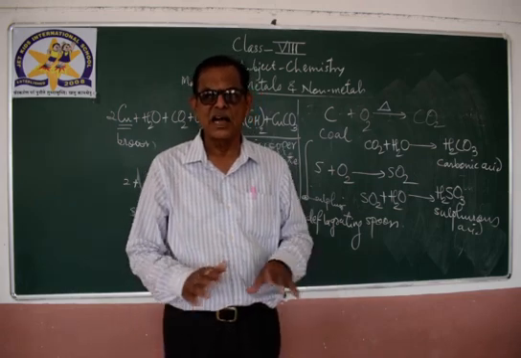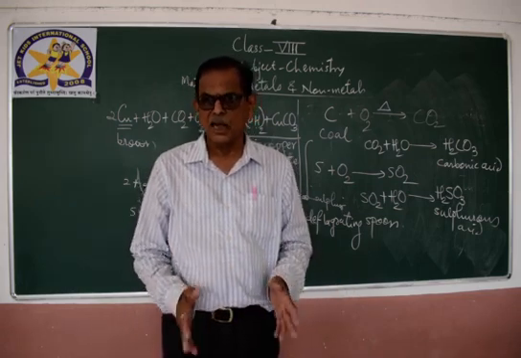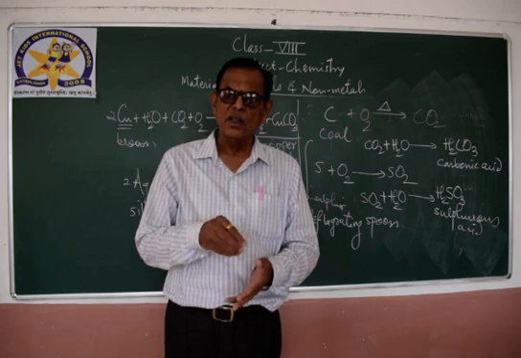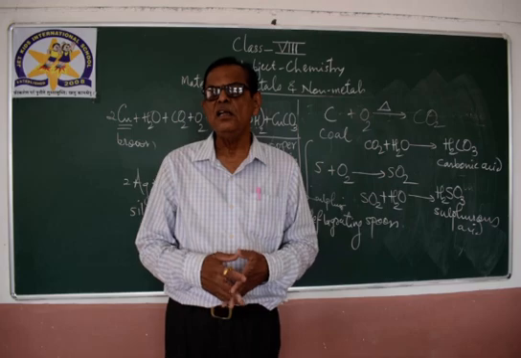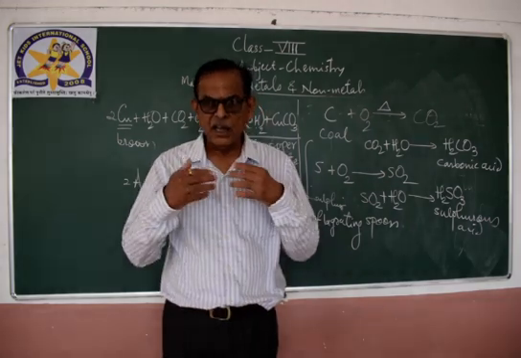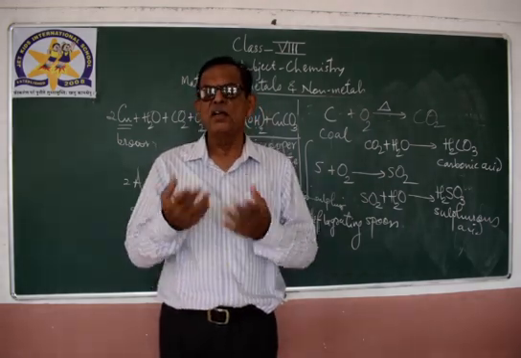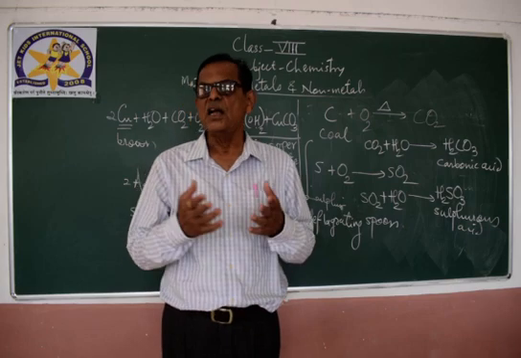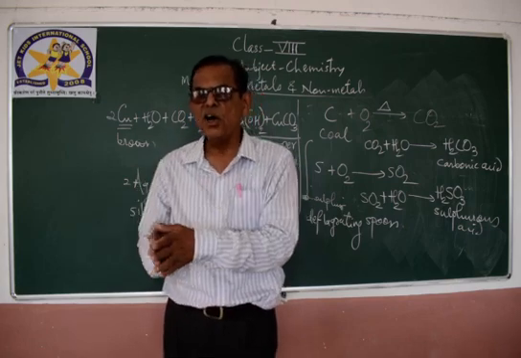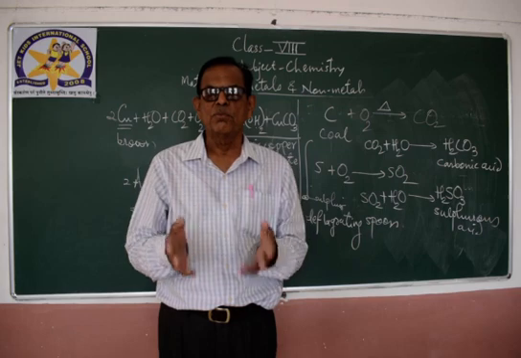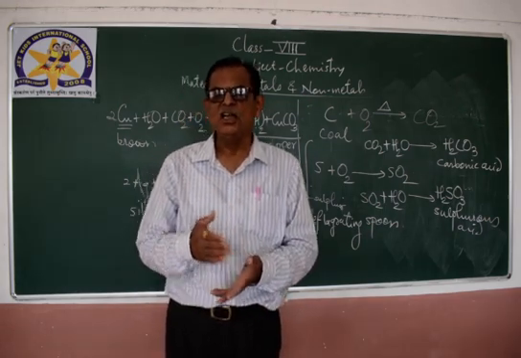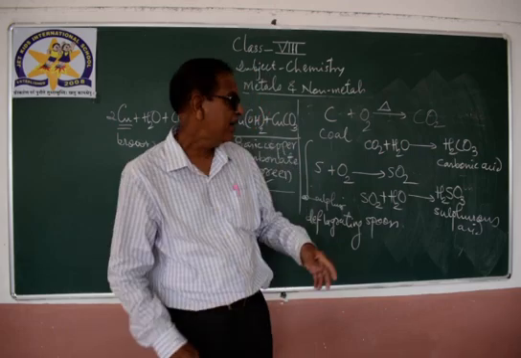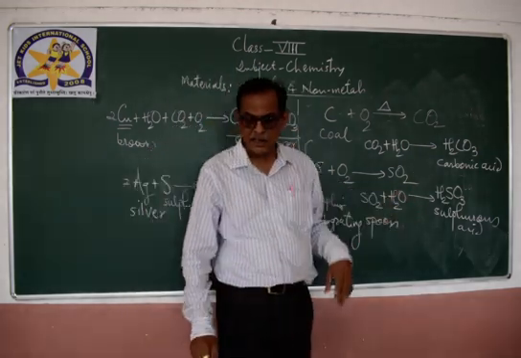So these non-metals, coal, charcoal, graphite, diamond, etc., are all different forms of carbon. Then sulfur is solid, phosphorus is solid. These solid non-metals on heating get converted into their oxides, and the oxides when dissolved in water form acid, and this acidic nature of the non-metallic oxide can be proved by litmus paper.